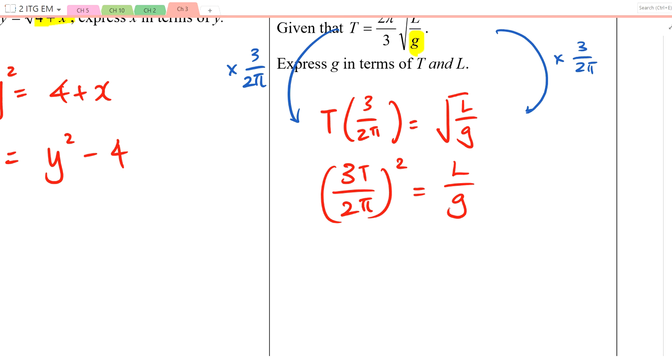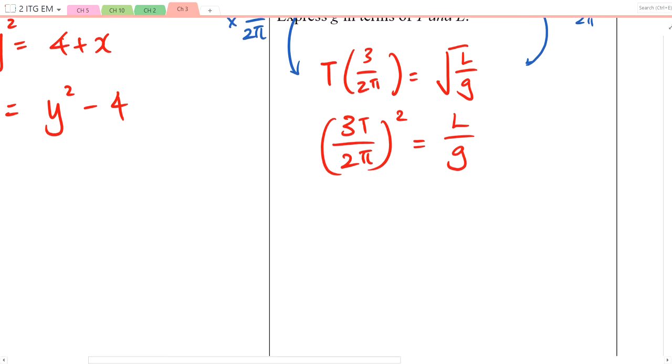It doesn't matter, you can do it anytime you want. Okay, so for me I prefer that. So L over G equals to, I'll expand the square, so this gives me 9t square over 4 pi square.